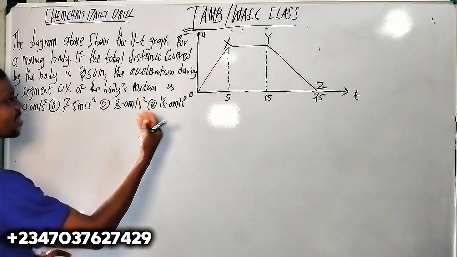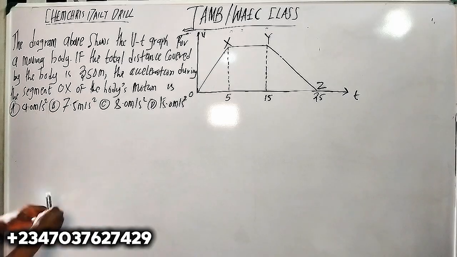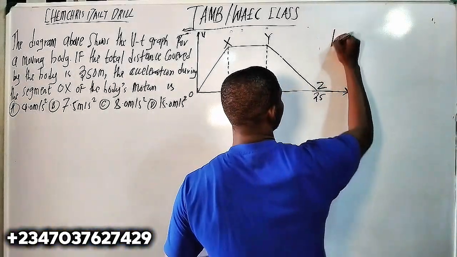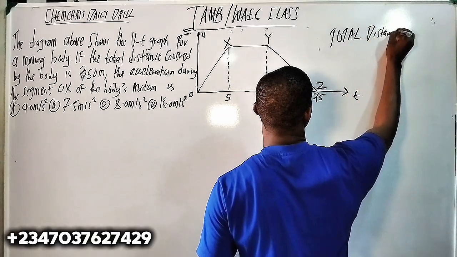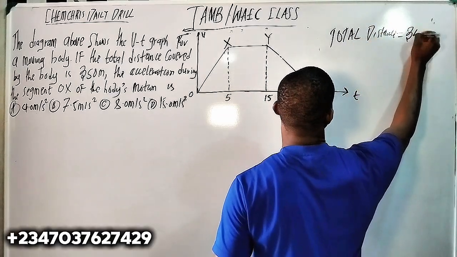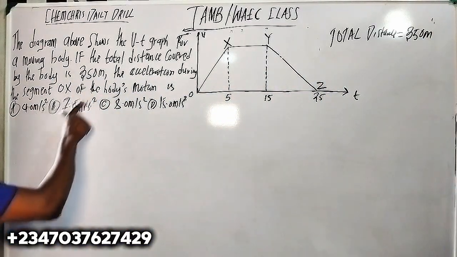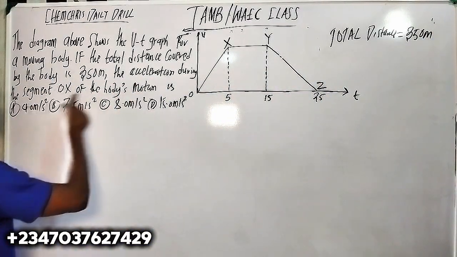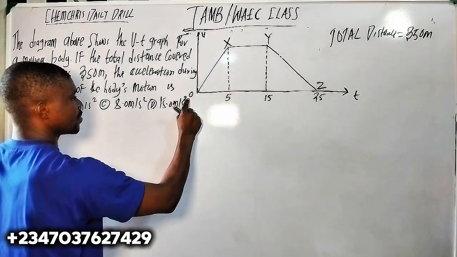If the total distance covered by the body is 350 meters, so total distance is equal to 350 meters, let's keep that one first. Then they ask you to calculate the acceleration during this segment OX, that is from here to here.